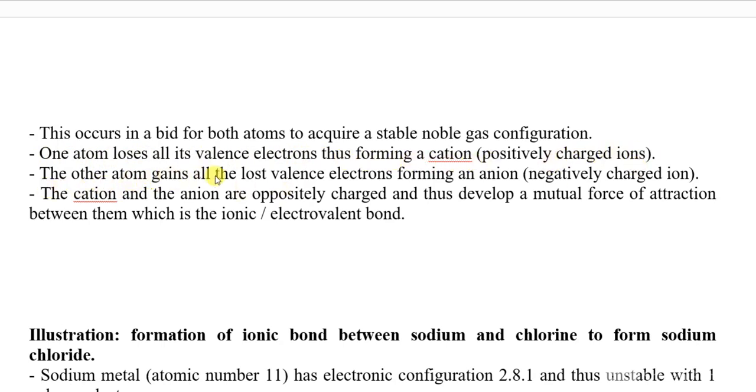The other atom gains all the lost valence electrons, forming a negatively charged ion. I have already given the example of magnesium and oxygen. Magnesium loses all its valence electrons, which are 2, and the two valence electrons lost from magnesium are regained by oxygen immediately. So oxygen forms a negatively charged ion, magnesium forms a positively charged ion. That is what we call ionic bonding.